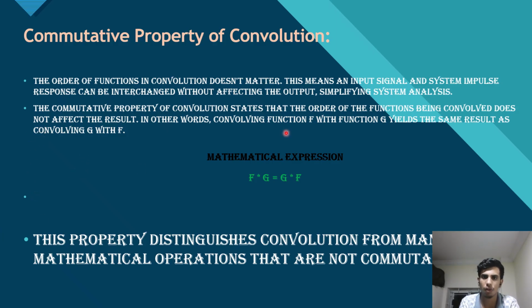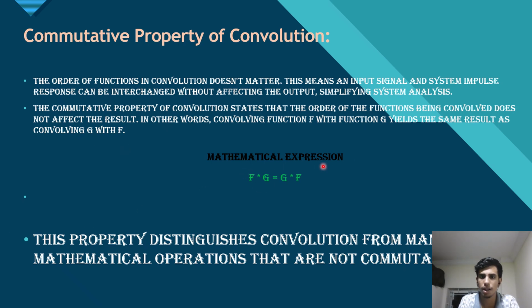In other words, convolving function f with function g gives the same result as convolving g with f. That means if we reverse the functions in the convolution, we don't have any change in the final result.